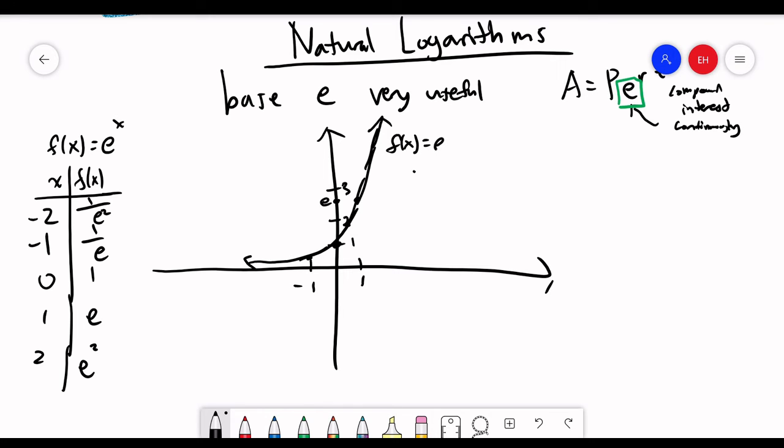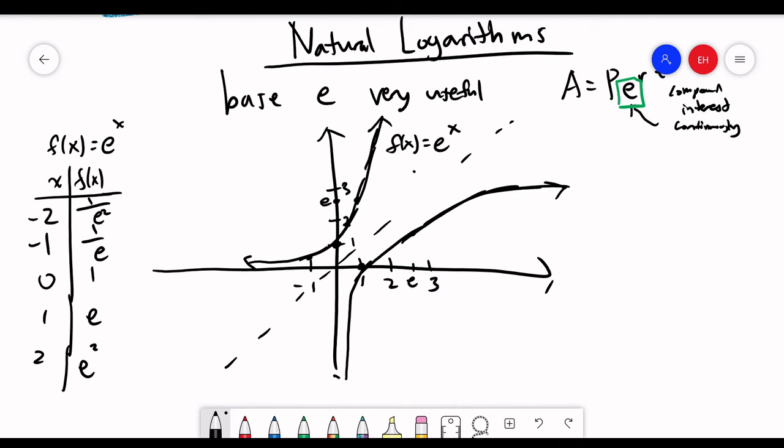Okay, so to get the inverse function, we flip over the line y equals x. So (0, 1) becomes (1, 0), and (1, e) becomes (e, 1). That's probably enough, so we can connect those dots. There's our inverse function, and this is going to be the natural log function.